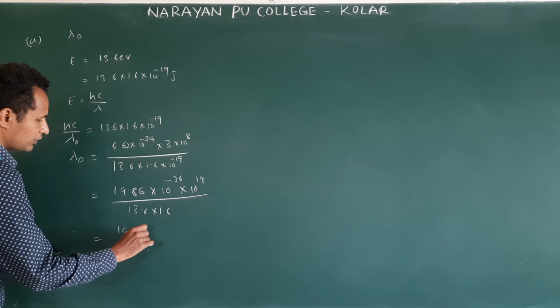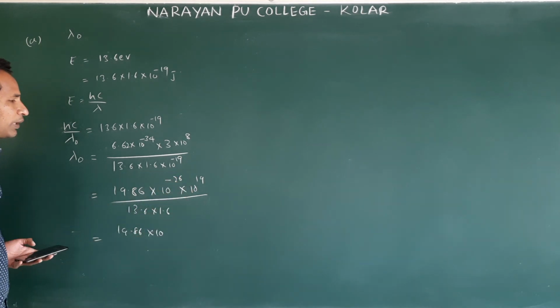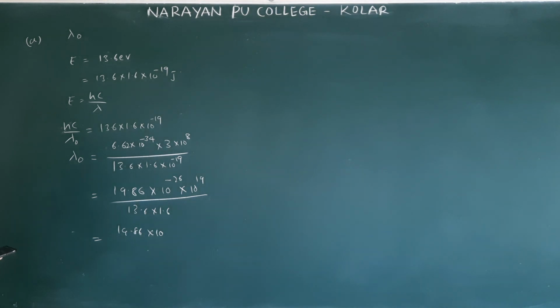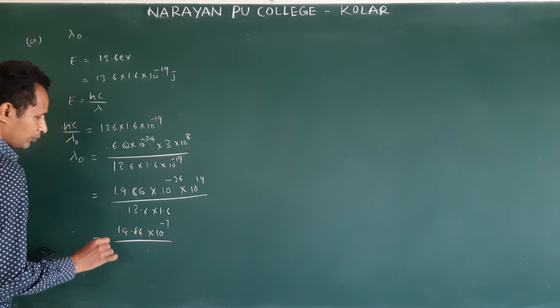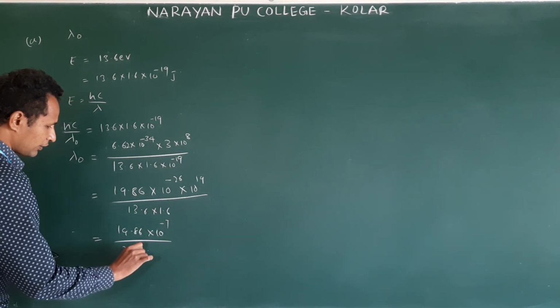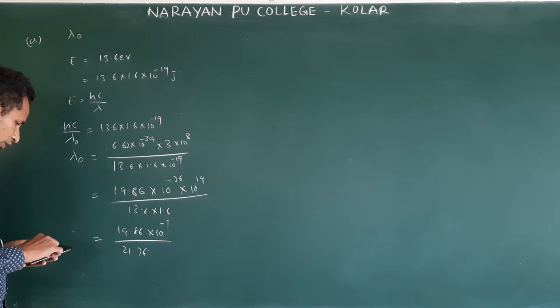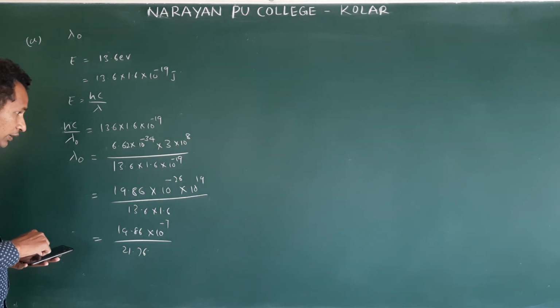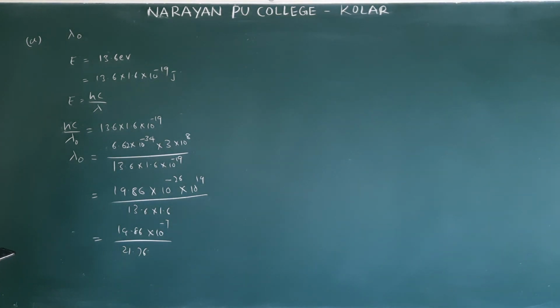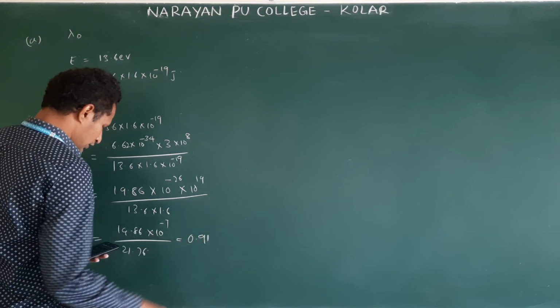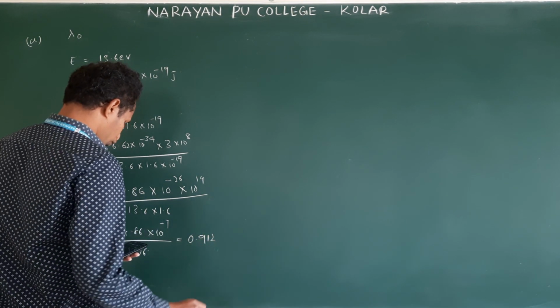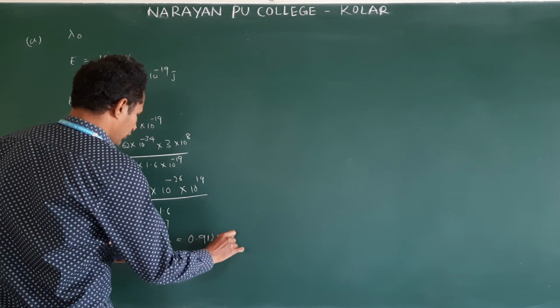So 19.86 into 10 power minus 26, 10 power 19, it is minus 7, by 21.76. 19.86 divided by 21.76 is 0.912 into 10 power minus 7.